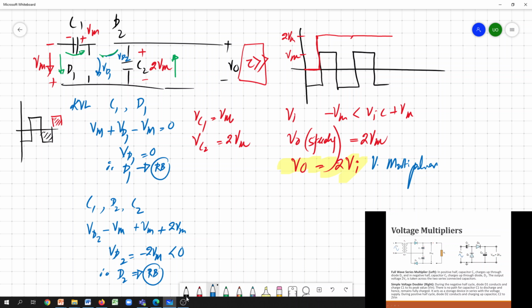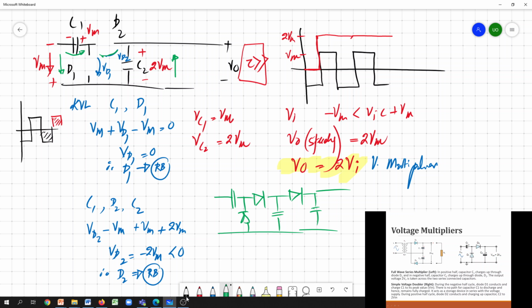So let's think about this kind of arrangement. Now here we have a capacitor, and again a diode and a capacitor. You can simply see a different arrangement.